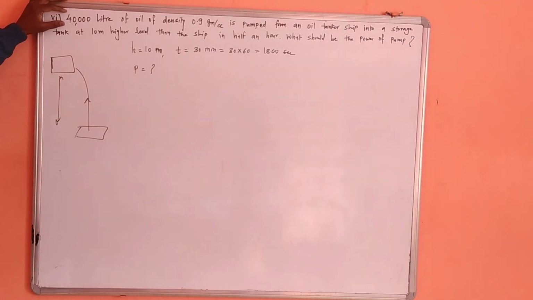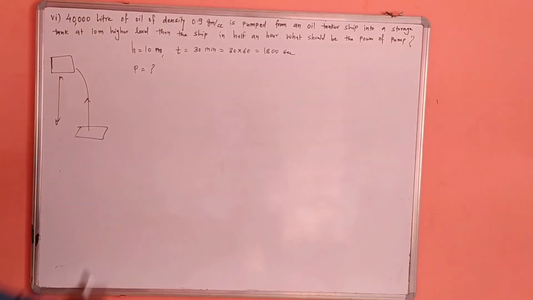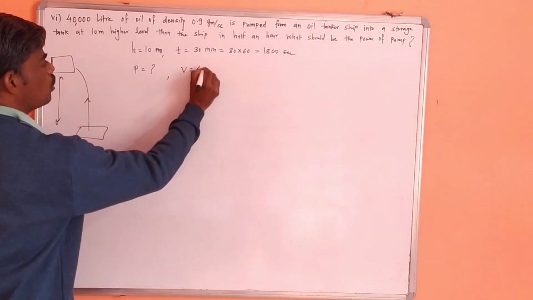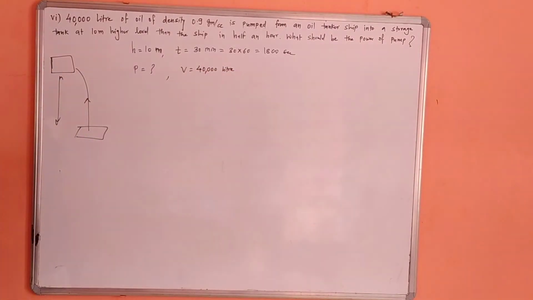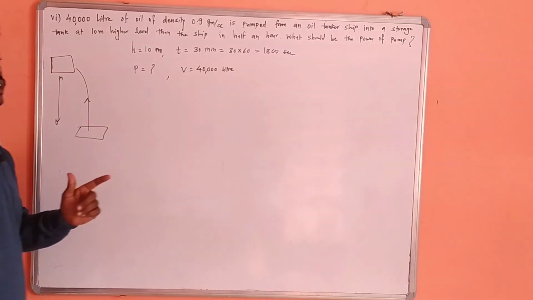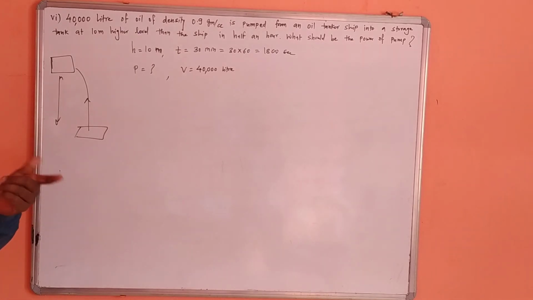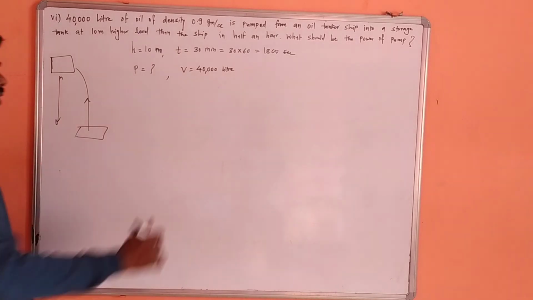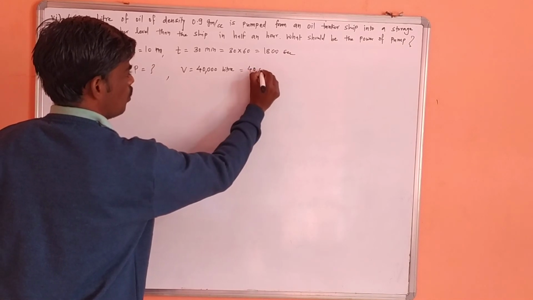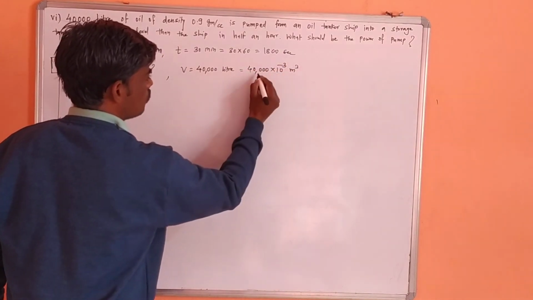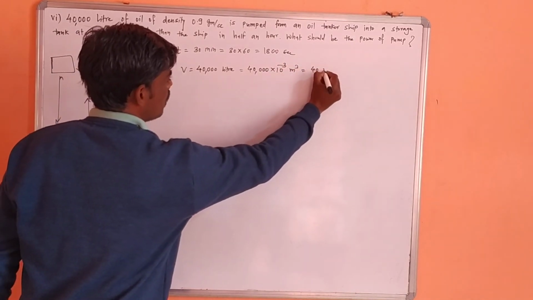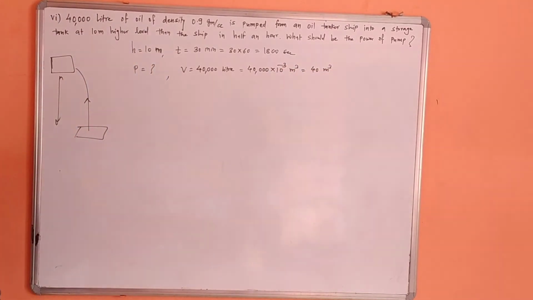Volume of oil is given to you and density is given to you. So what is volume? Volume is 40,000 liter. Liter is not standard unit. We have to convert it into meter cube. Meter cube is the standard unit. So remember, 1 liter is equal to 10 raised to power minus 3 meter cube. So here 40,000 into 10 raised to power minus 3 meter cube. This 3 zeros cancel, it becomes 40 meter cube.